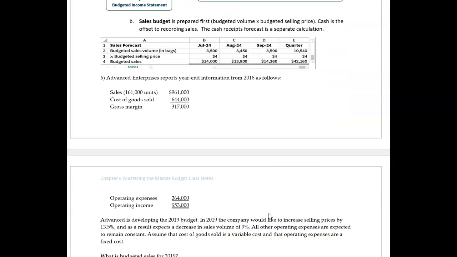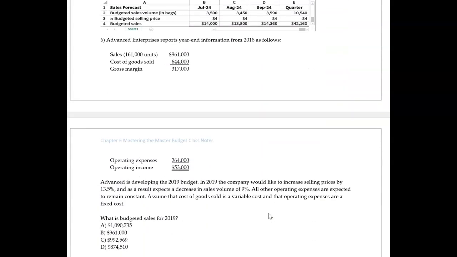So here's an example of a budgeted sales, or a sales multiple choice question. So we've got sales, cost of goods sold, and gross margin. 317. Operating expenses are 264,535. Okay, let's see. So Advanced is developing the 2019 budget.